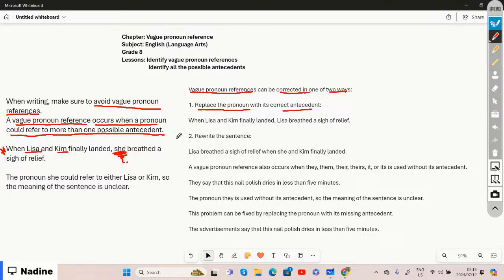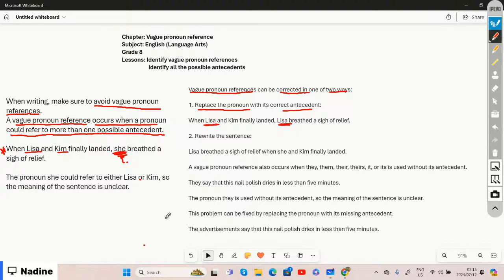we are going to say when Lisa and Kim finally landed, Lisa, we are making mention of Lisa, breathed a sigh of relief. Not she, because she can refer to any one of them. We are making mention of Lisa only. Unless we said Lisa and James finally landed. She breathed a sigh of relief. Now we know she refers back to Lisa because Lisa's a girl.